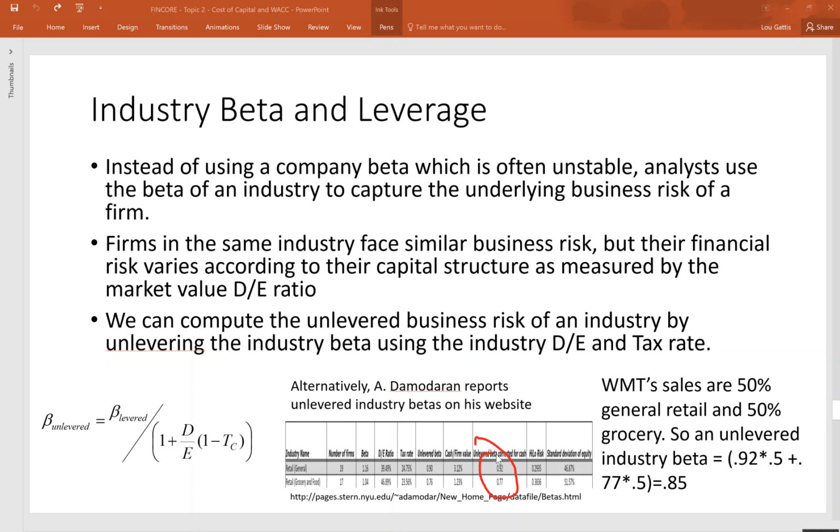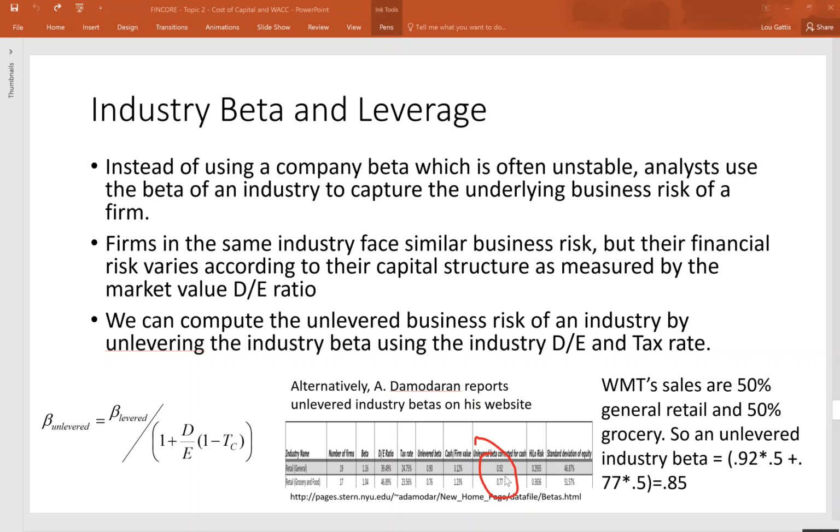Now, Walmart's an interesting case. I looked in Walmart's financial statements. 50% of their revenue comes from general retail, and 50% of their revenue comes from retail, grocery, and foods. So the retail beta is 0.92, the general merchandise beta.